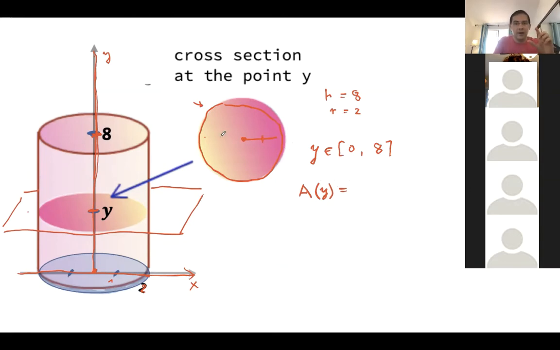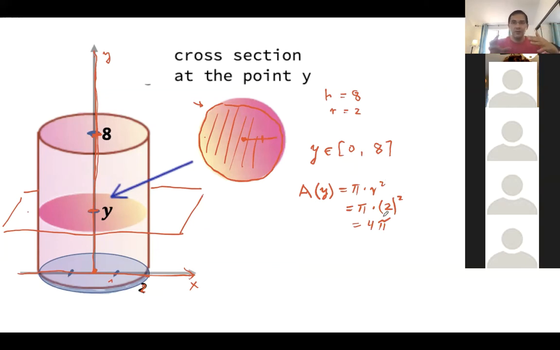Now we know how to compute the area of a circle. The area of a circle is simply pi times the radius squared. So in my example, this is simply pi times the radius, which is 2, and then square it. So this is equal to 4 times pi. I took this example just because it's very simple, because notice one thing: in this example, the cross section will not change.